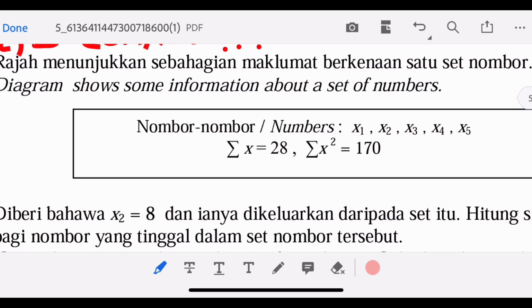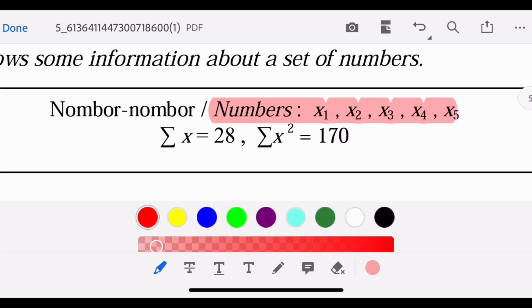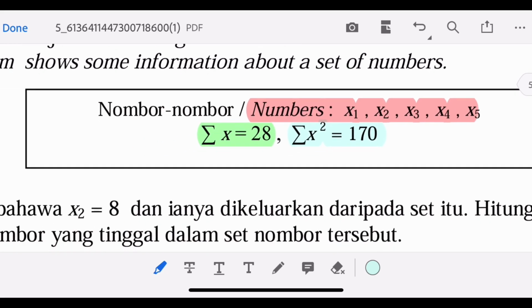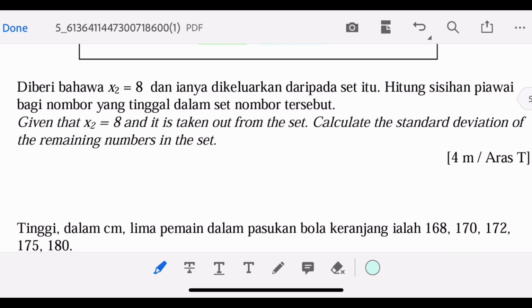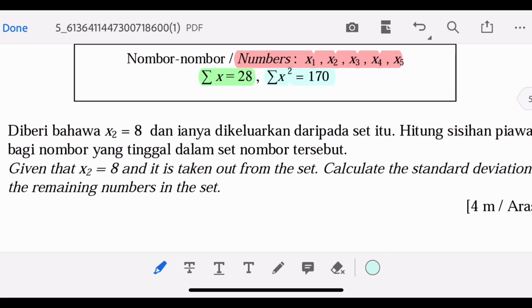You must understand that for HOTS questions, they like to give you unknowns. x1 means a data that is not given, x2 is another data. Just assume there are 5 data given, and you don't have to know the data. You just need to know the sum. The total is 28. And the sum of data square is given, alright? So the sum of data square is 170.